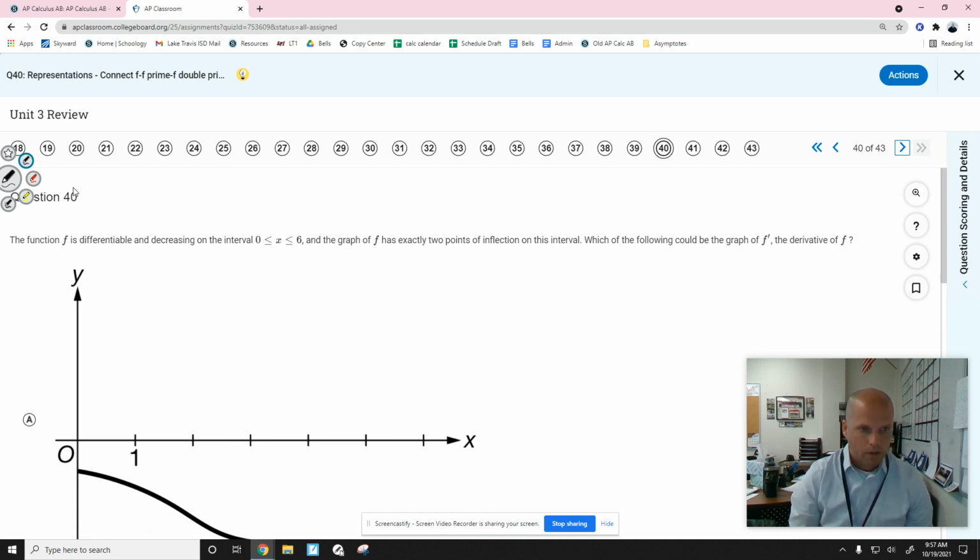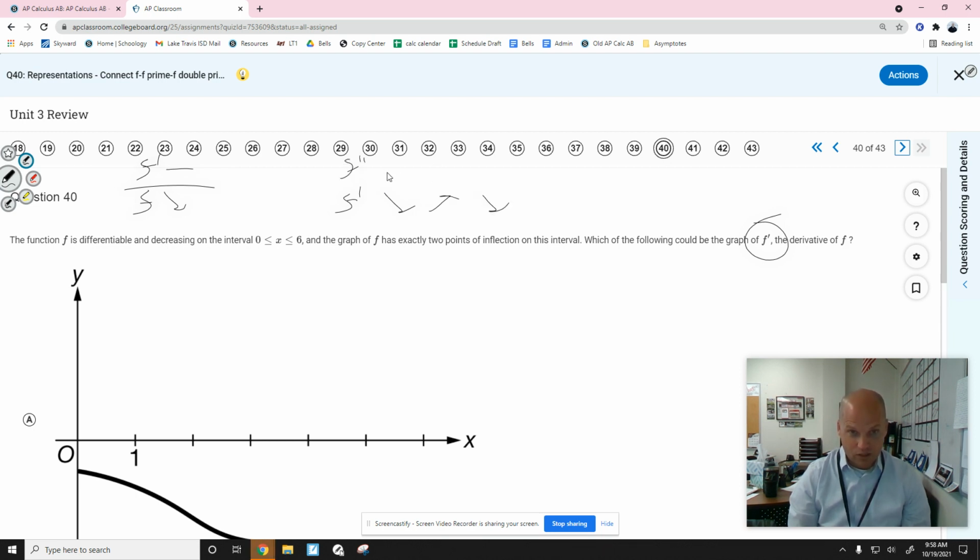Okay. f is differentiable and decreasing. Since f is decreasing, f prime must be negative. f has 2 points of inflection. Okay. What could be f prime? If f has 2 points of inflection, f prime needs to change direction twice.